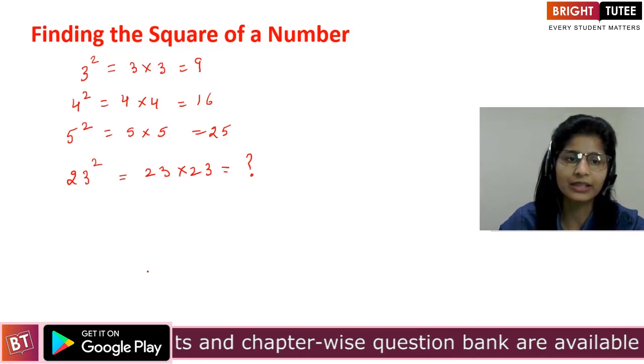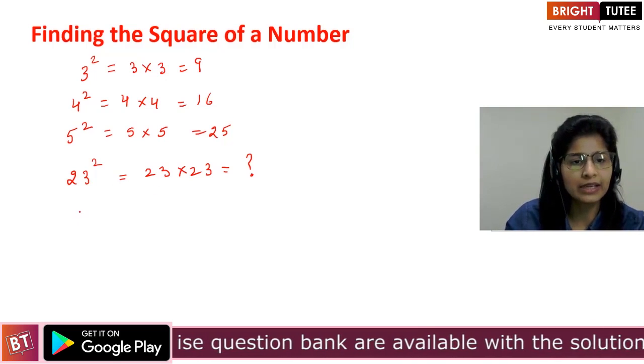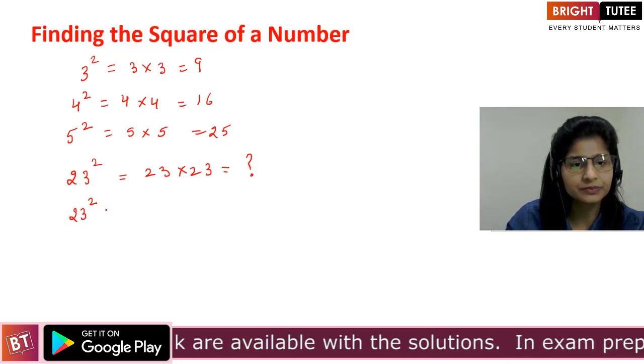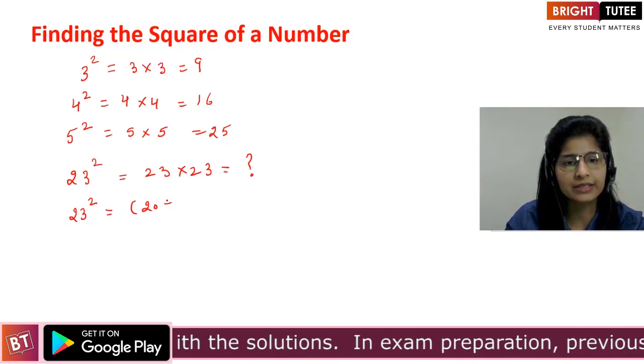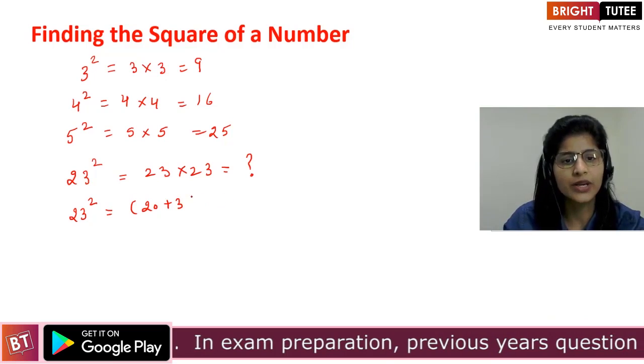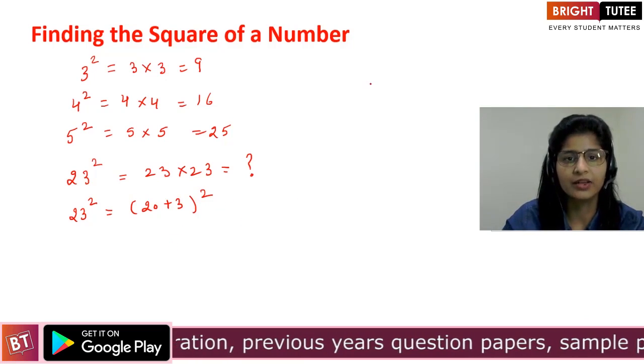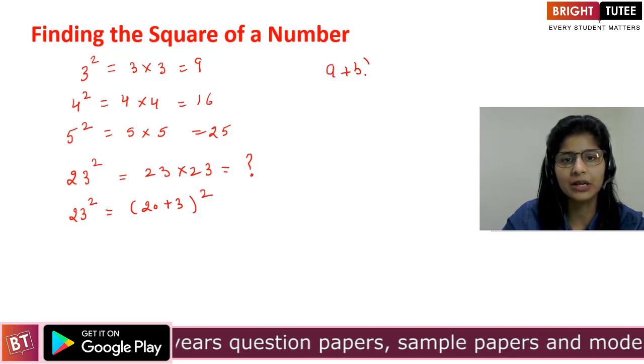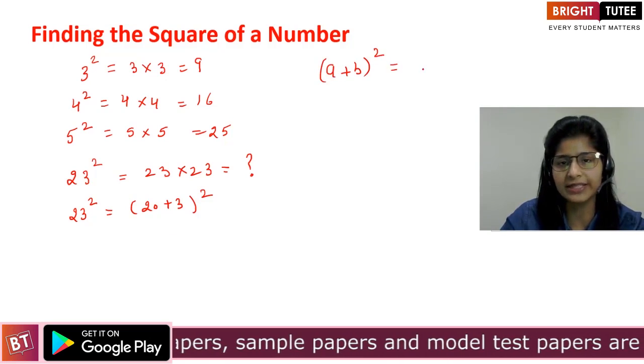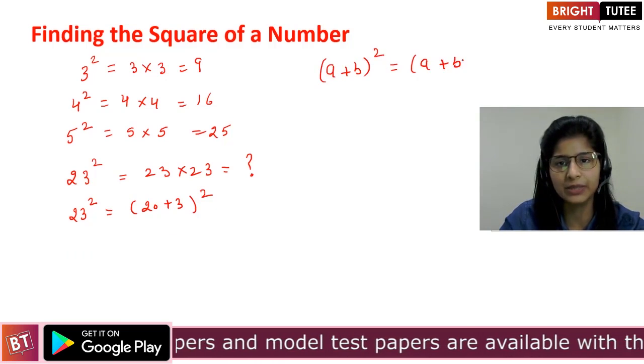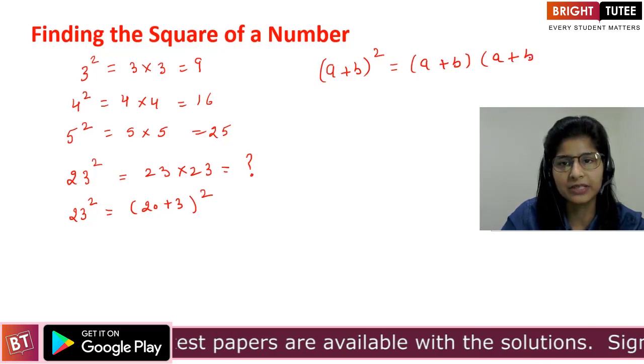Yes, there is one way that we can do. 23 can be written as 20 plus 3. Right, 20 plus 3 whole square. We know a plus b whole square is equal to, let us calculate it. It will be a plus b multiplied with a plus b.